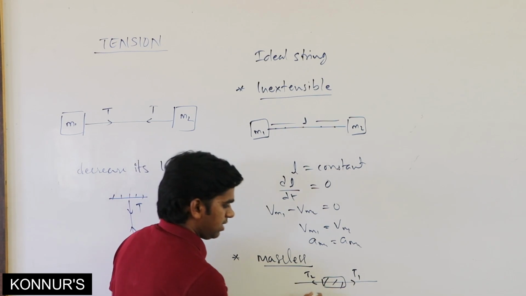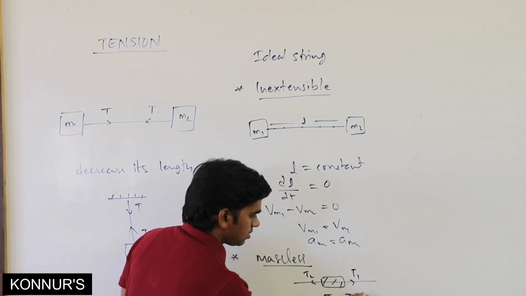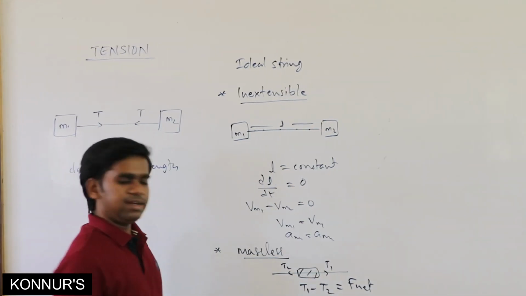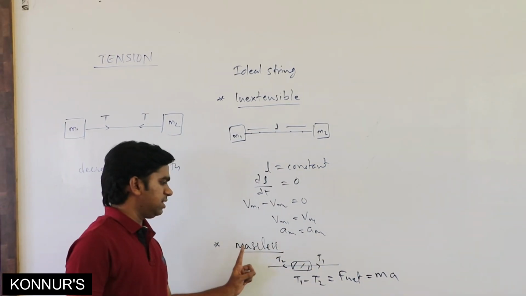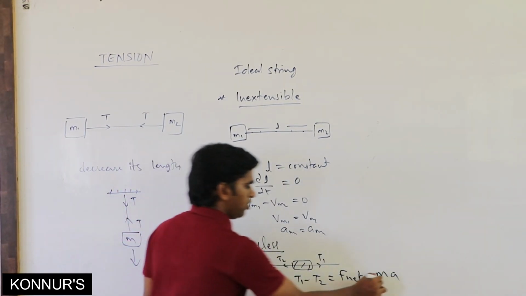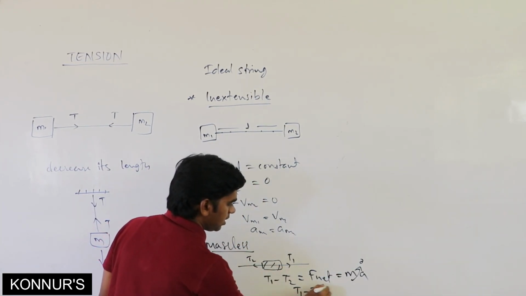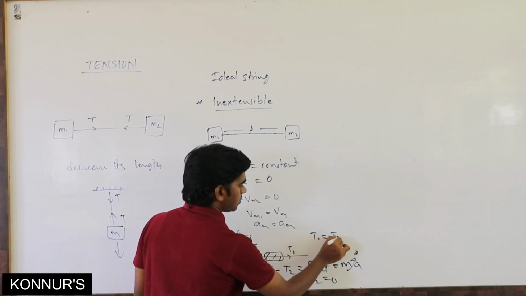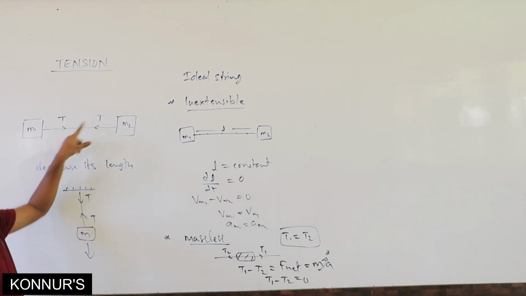You can write the net force as T1 minus T2 equals F net. F net is M into A. If the string is massless, then M becomes 0, so the net force becomes 0. So T1 minus T2 becomes 0, which means T1 equals T2. That is why we take the tension to be the same.